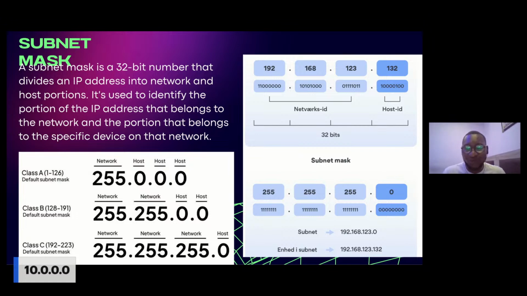255.255 are actual numerical values belonging to the network, right? So if I show you this now, here in the comment on this box down here, 192.168.0.1. Now that's a class C. Why?